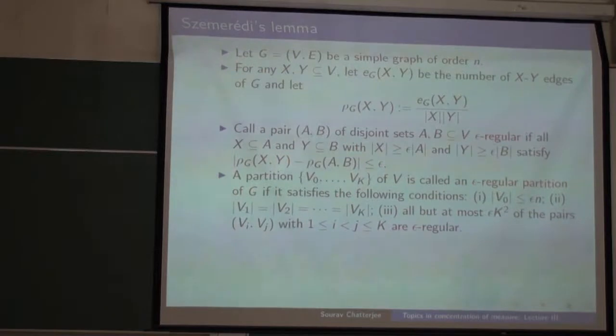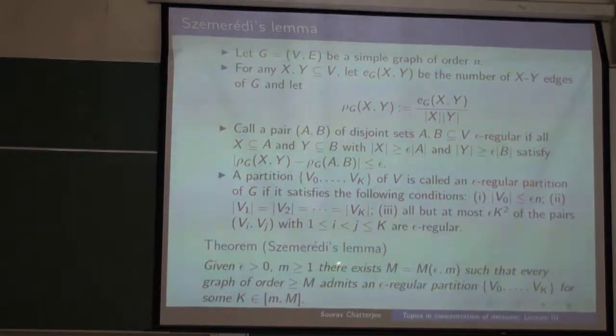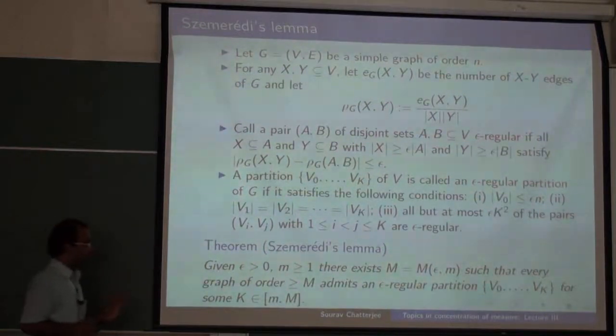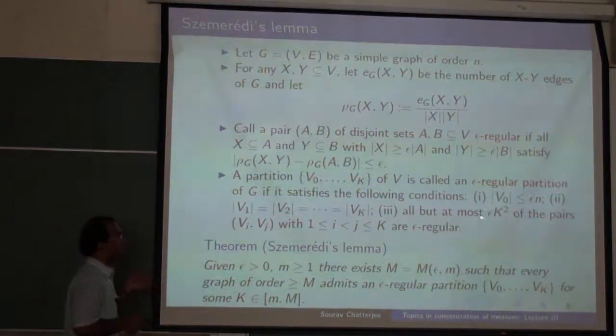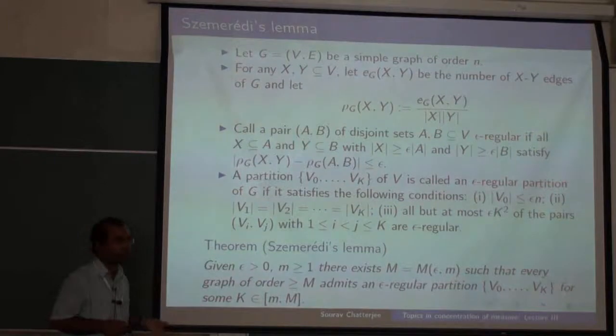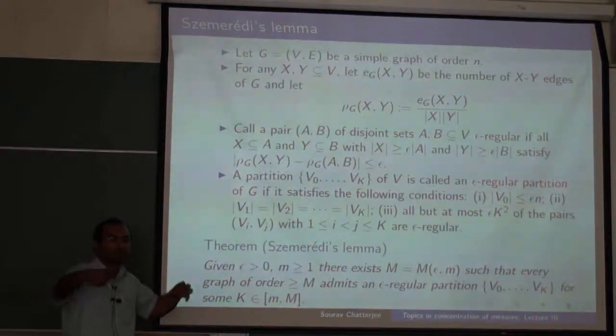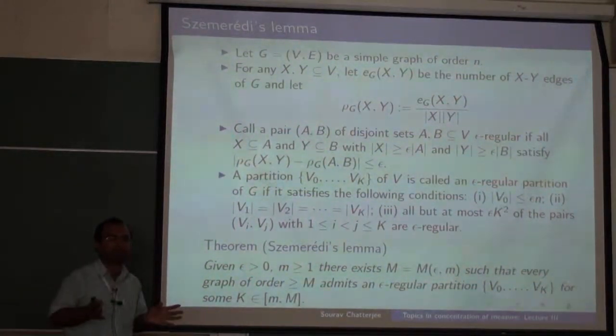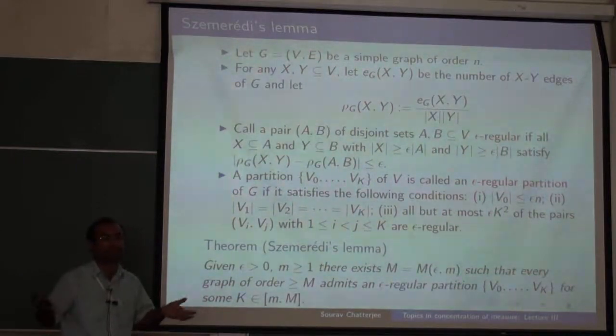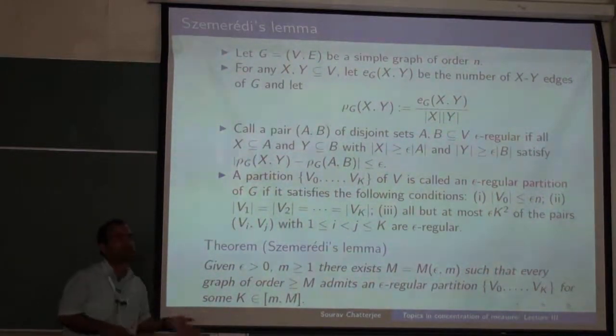Okay. So here is a lemma. The lemma says that once you have fixed your epsilon, you fix your epsilon to be pretty small, 0.01 or something, then for every graph with sufficiently large size, you can partition into blocks so that the partitioning is epsilon regular, and the number of blocks will not exceed some given bound depending on epsilon.